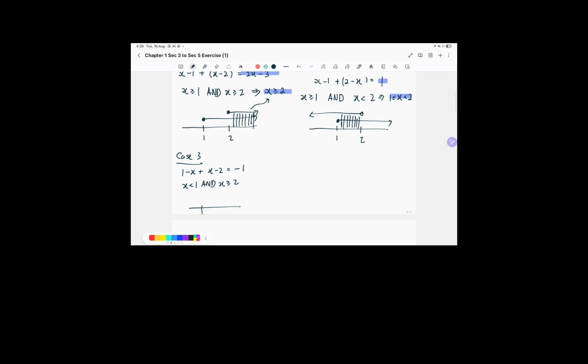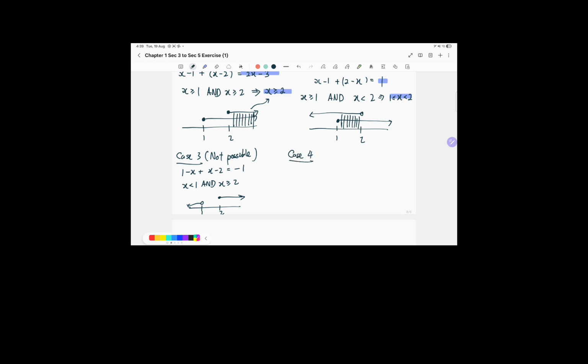If you draw it out, 1, 2, less than 1, more than or equal to 2. From here, you can see that there's no overlapping, which means they can't happen together. So this case is not possible.